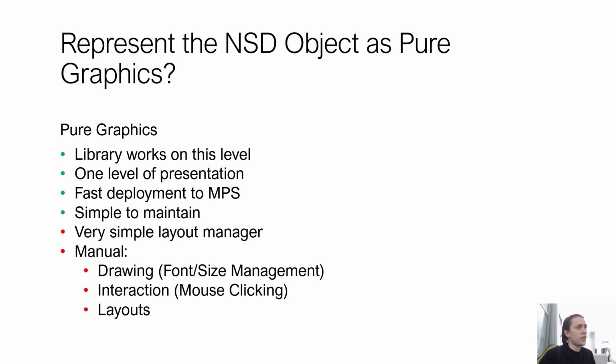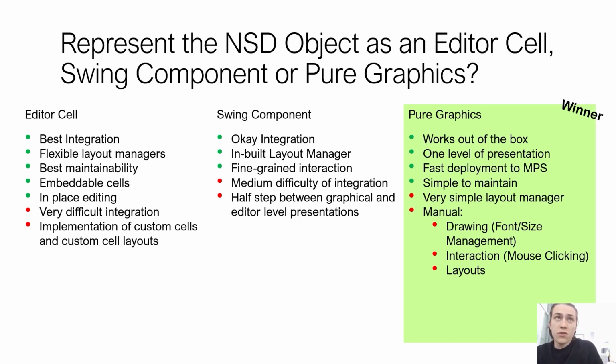Interaction is very simple. I have mouse clicking where I have to calculate every single coordinate to figure out what I am clicking on, and it can be done much better. And yeah, layouts you will see in a bit. In the end, we chose the pure graphics because I didn't have a lot of time doing this project.